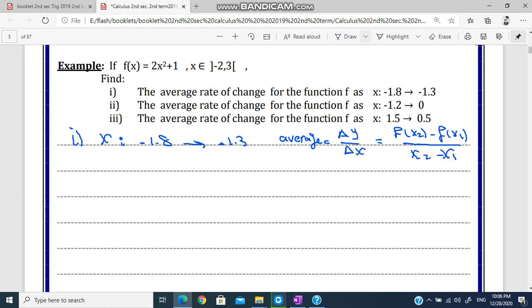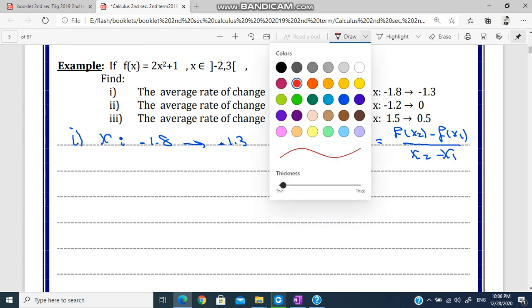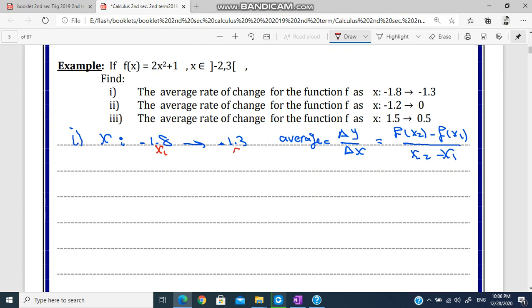So this value will be x1 and this will be x2.